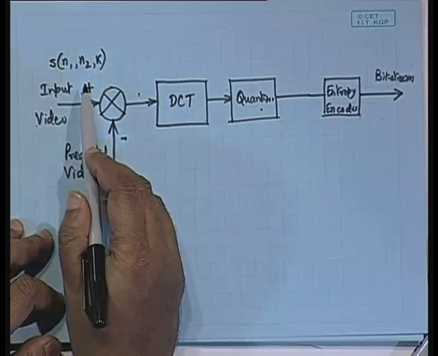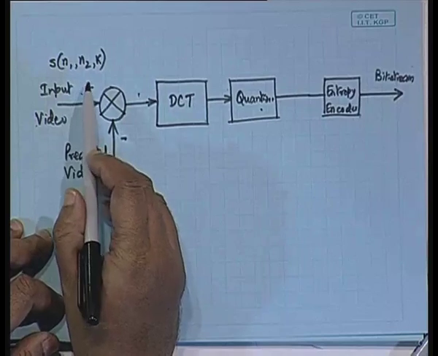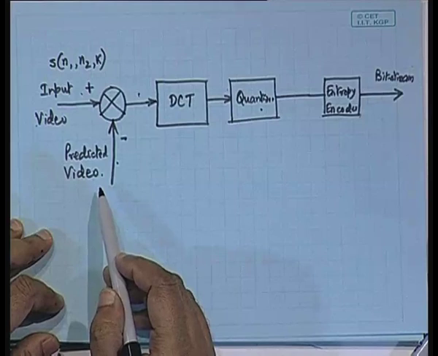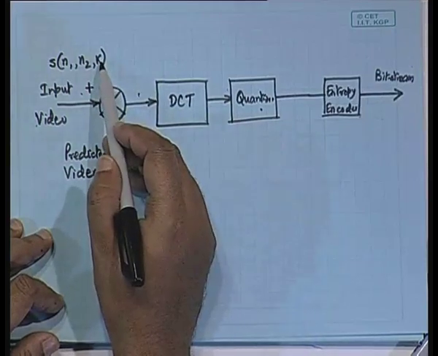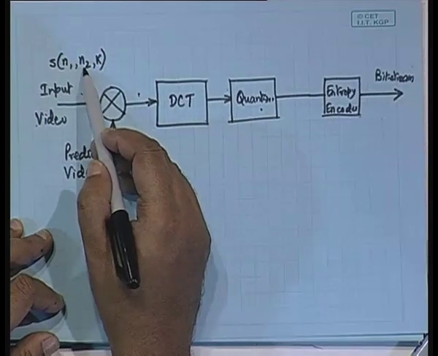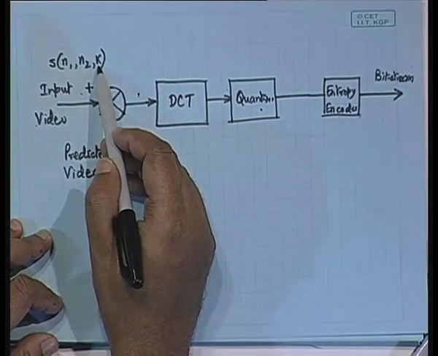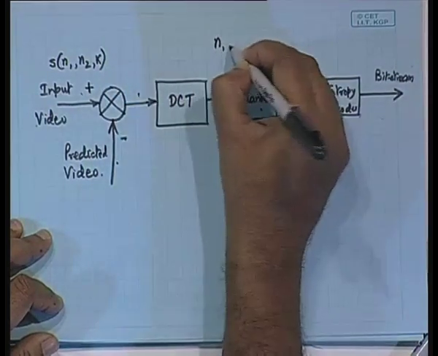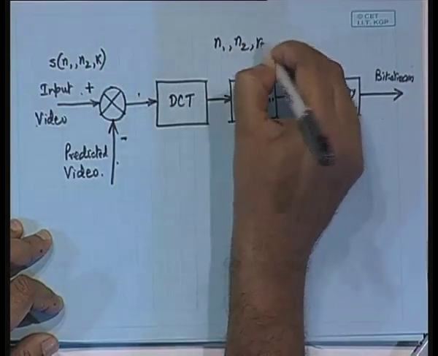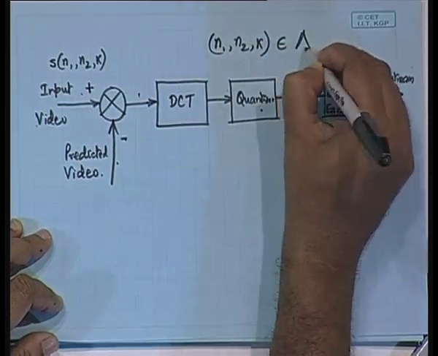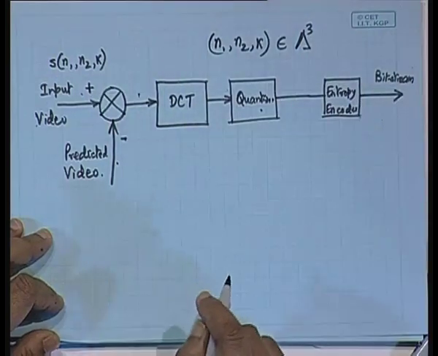So, there are 3 variables that have come in, and what is the third variable? The third variable is time. It is a frame number. So, this is also an integer. So, n1, n2, k, all of these are integers.